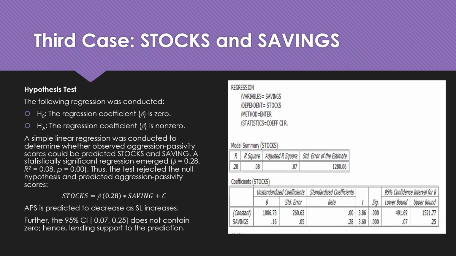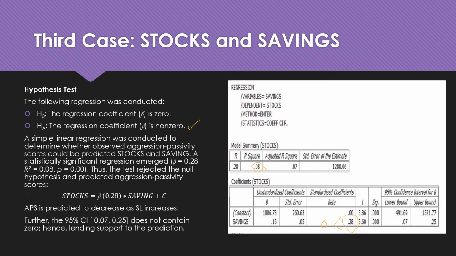The third case we have is between stocks and saving. The R square is 0.08. The p-value is 0.28. So when the p-value is more than 0, then we are accepting the alternative.